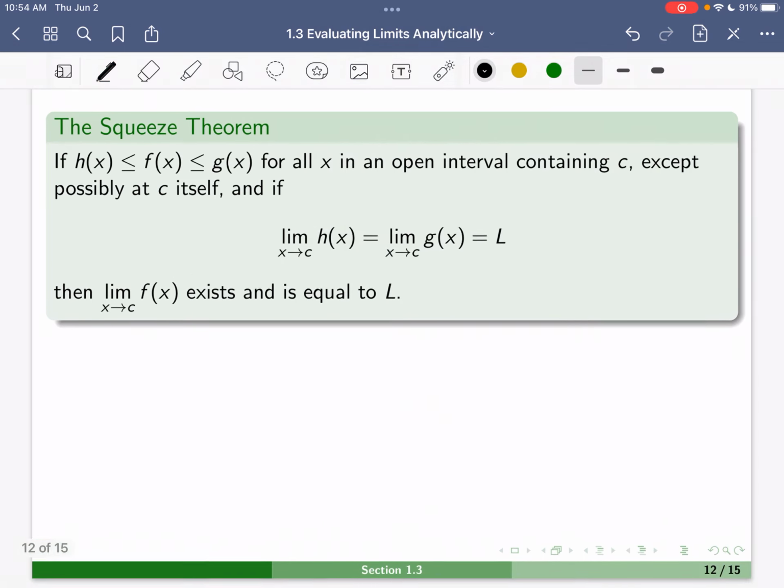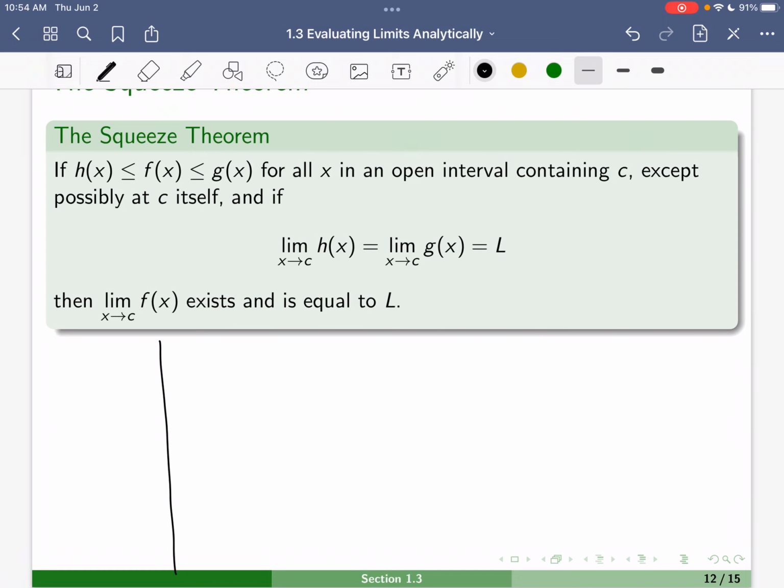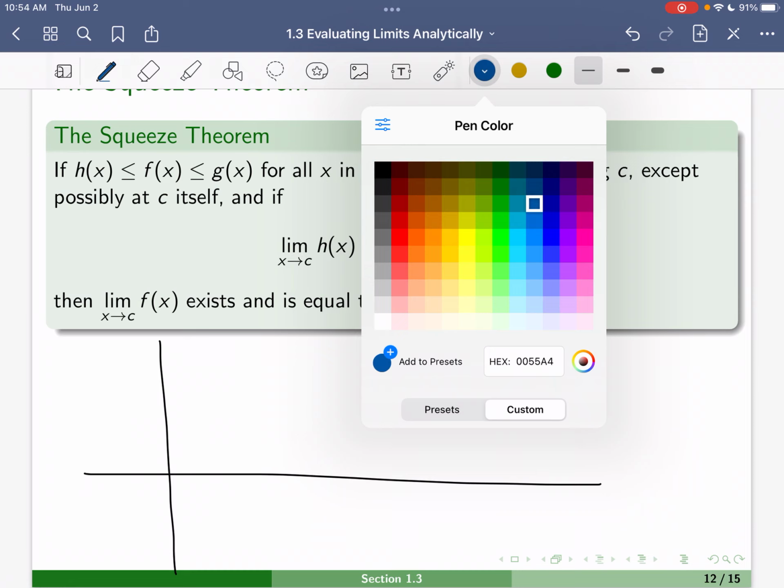Let's look at a quick picture of what that looks like.